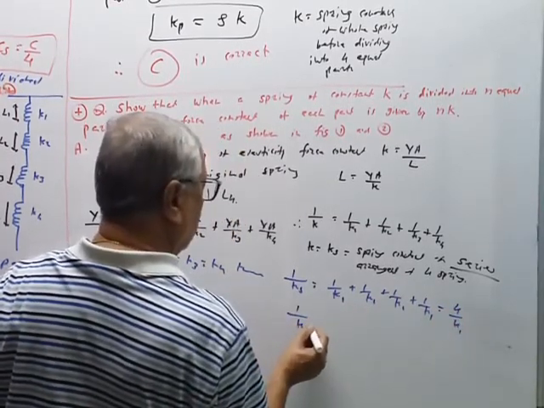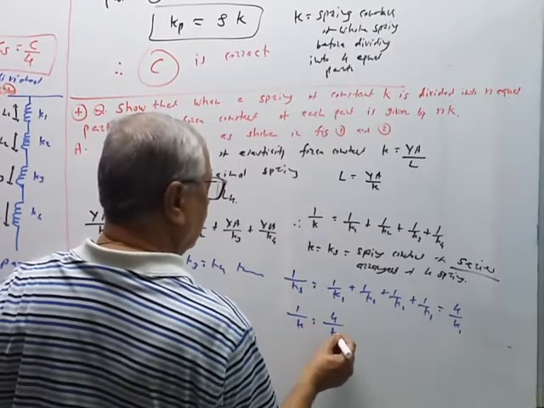Therefore 1 upon K is equal to 4 upon K1.